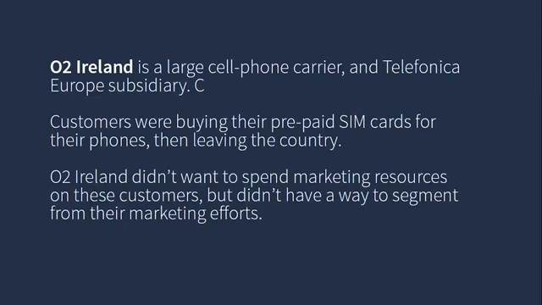Usually these are business people going on a short business trip. O2 Ireland didn't want to spend valuable marketing resources on these customers because they presented no opportunity for repeat business. It was a one-time transaction. But the company didn't have the ability to identify or predict who these customers were, what their habits were, or what the identifying markers were, so that they could avoid targeting them in their marketing efforts.